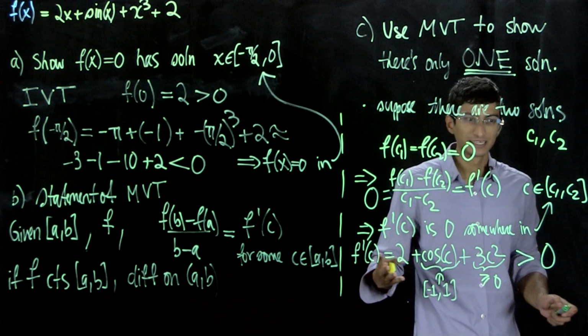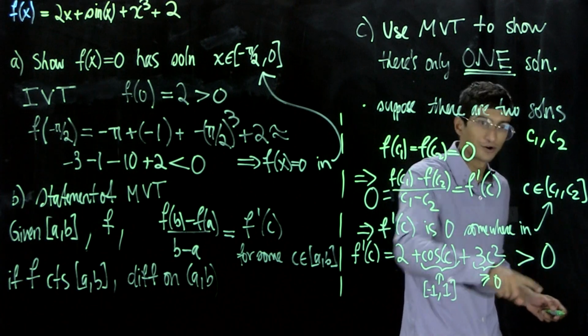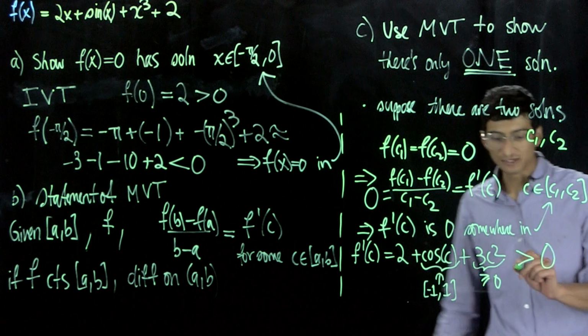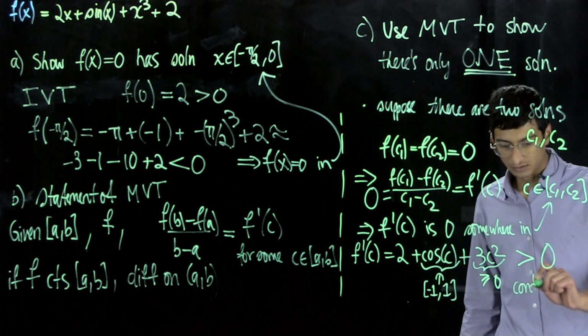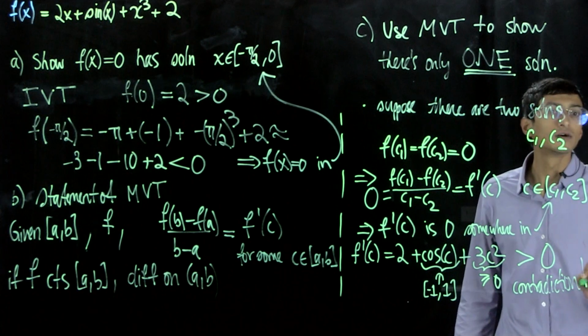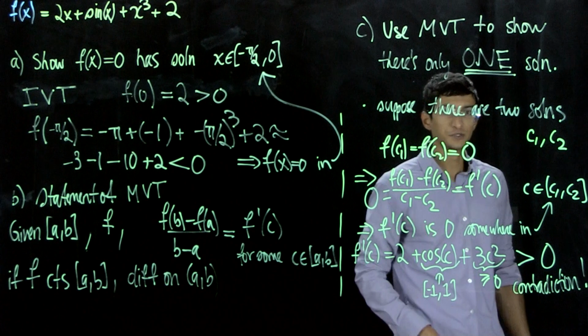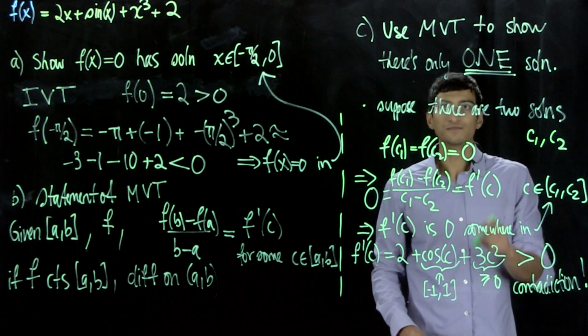So f prime c is 0 somewhere in here, but f prime c is greater than 0. That can't happen. It can't be both equal to 0 and greater than 0. So that means contradiction. It's a contradiction to what? That there are two different solutions in this interval.